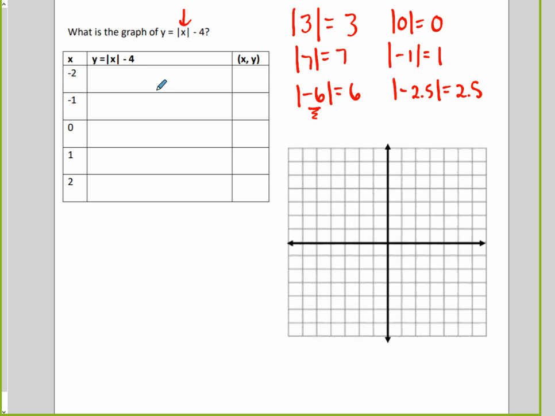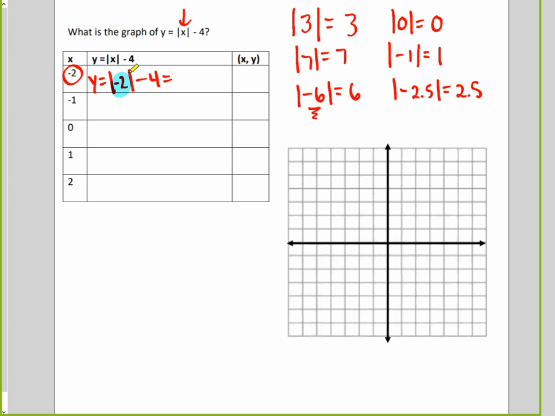So we're going to go from top to bottom. Let's just go right down the line, and we're going to take the absolute value of your input and then subtract 4. So it doesn't mean that your overall answer must be positive. It just means that whatever's in this symbol here, that's going to turn positive.